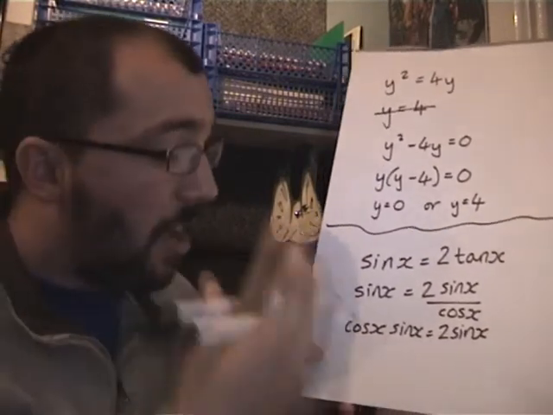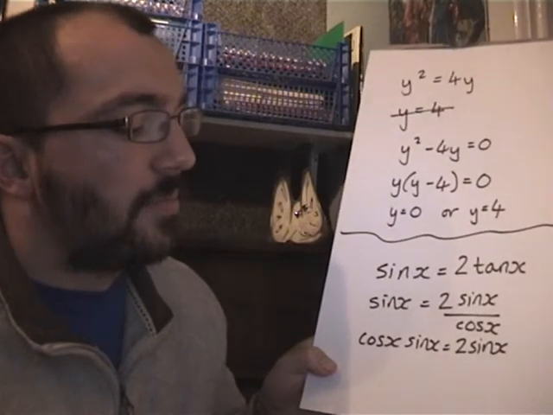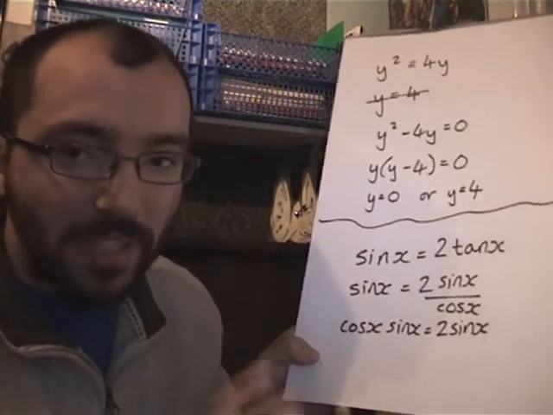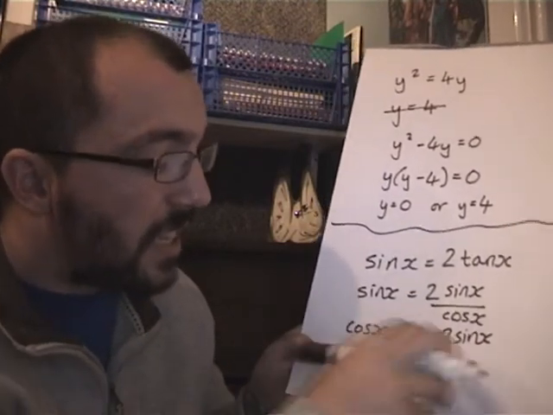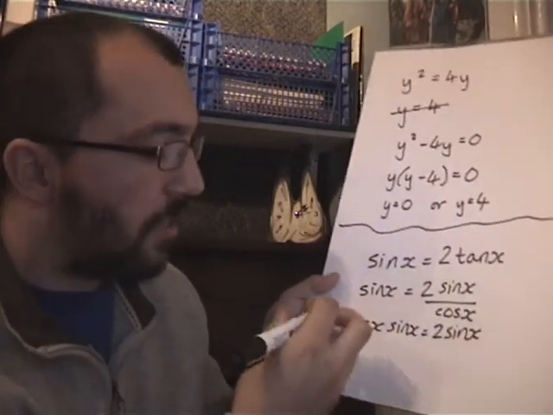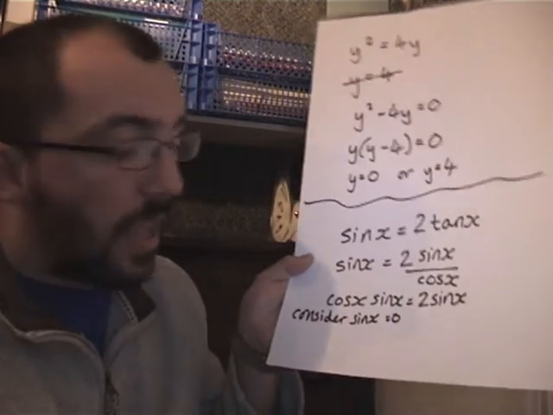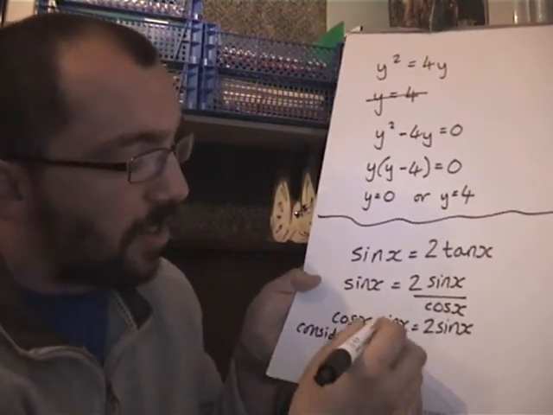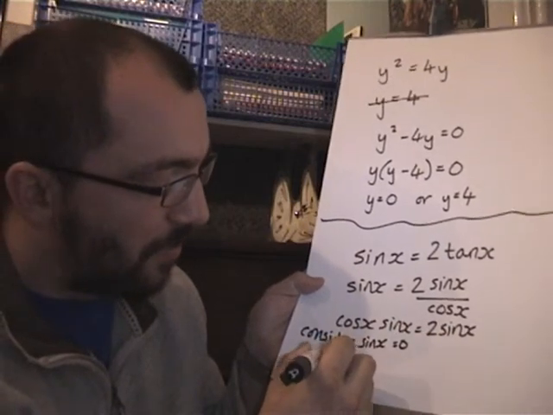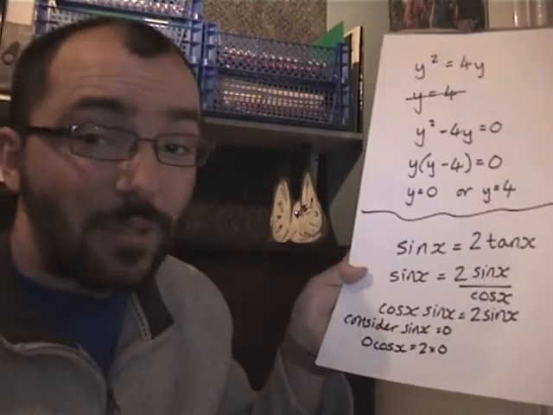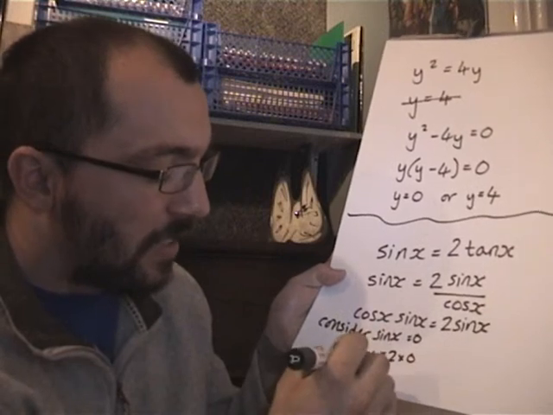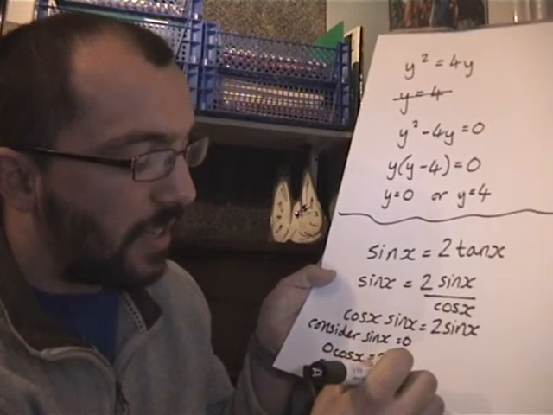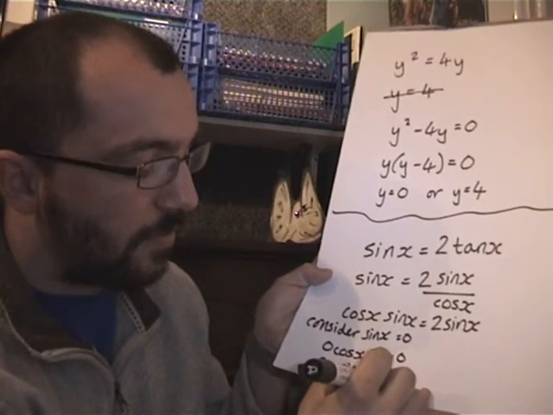So an alternate way of laying this out is to consider a key mathematical word. Consider what happens when sin x equals 0, and then I can substitute these in, so I get 0 cos x equals 2 times 0, which I do realise is quite trivial. And we can say, so sin x equals 0 is a solution.